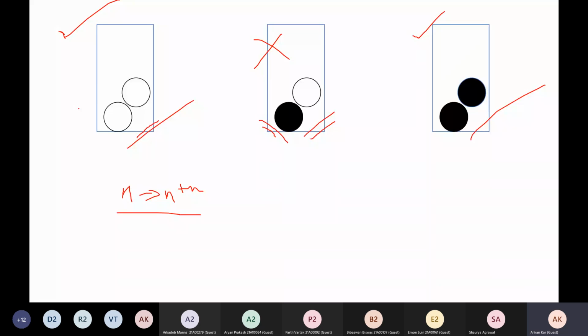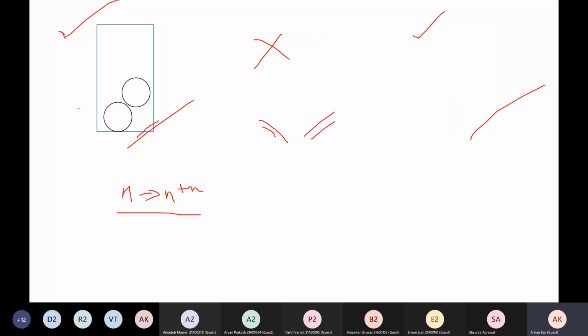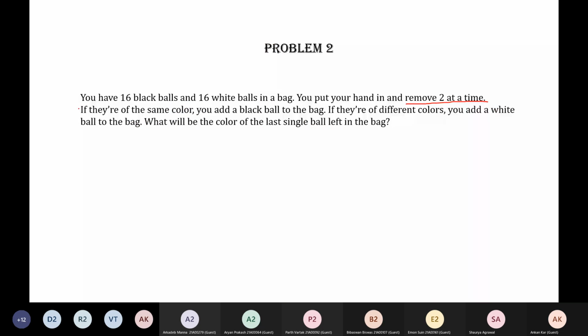And if here it is 17 black balls, then the answer will be white. No, even if it's 17 black balls, it will be a black ball. If it's 17 white balls, then it will be white.